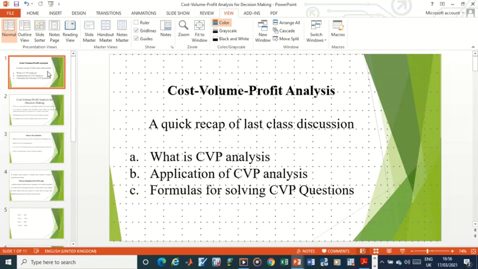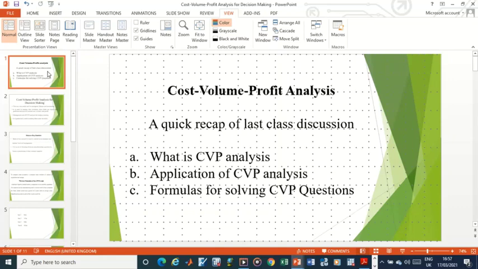So CVP analysis has to do with how variation in cost and sales volume affect profit. And it is a very useful tool for managers who make short-term economic decisions.